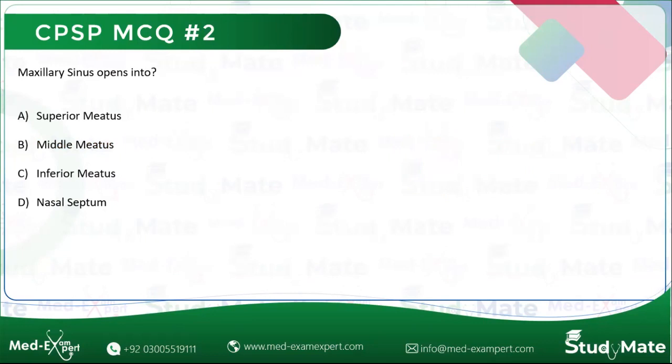Next MCQ is maxillary sinus opens into: A is superior meatus, B is middle meatus, C is inferior meatus, D is nasal septum. So, what option do you think is correct?